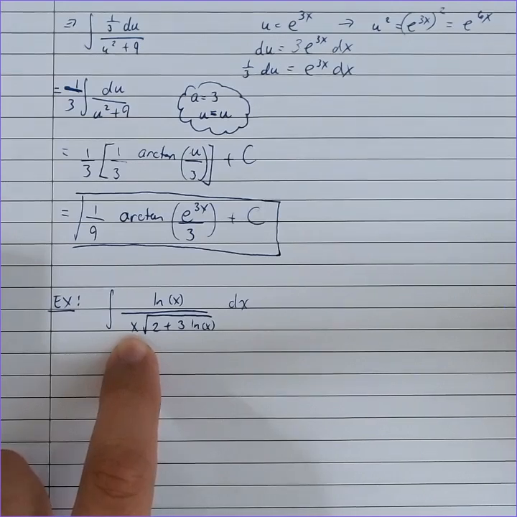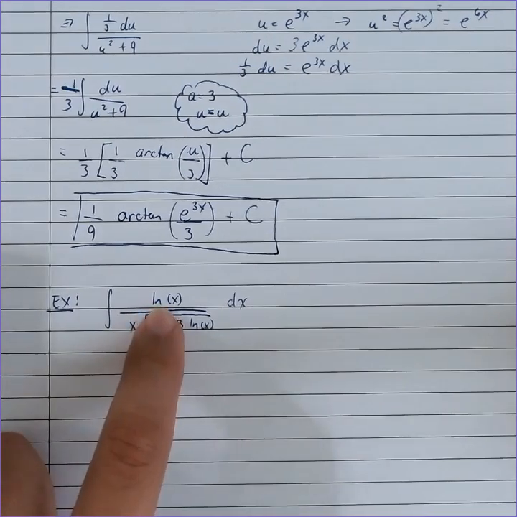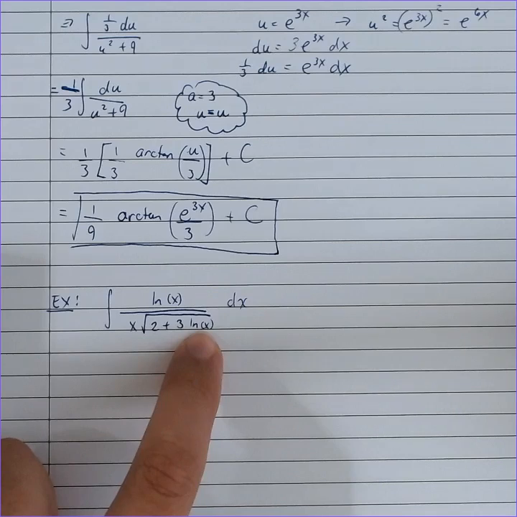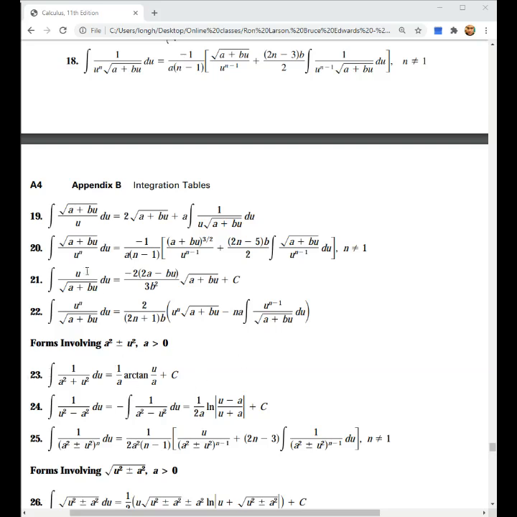So let's go ahead and give that a try. I have a function on top and square root of constant plus function on the bottom. Here I don't have a power in the numerator, so it shouldn't be number 22. Let's try number 21. Let's see what happens.